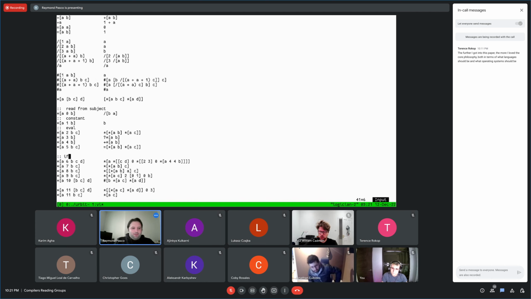So this monstrosity is just if-then-else. So 6 B C D: B is some expression that has to give either 0 or 1 for true or false, and then you have a true branch and a false branch.